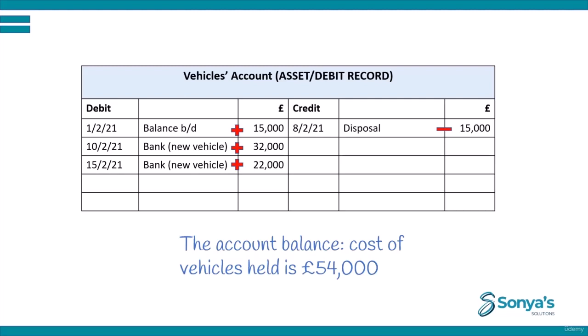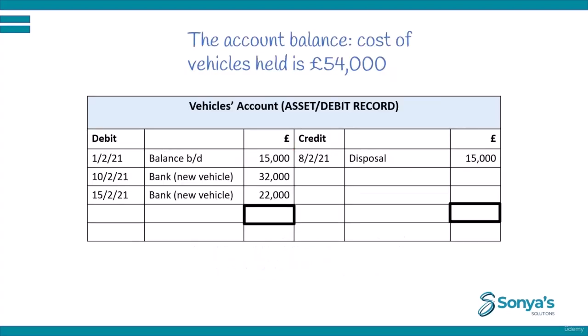Let's look at this account more carefully. The vehicle that the business had at the start of the month was sold, so the account balance is the total of the 2 vehicles left in the account. To close the account at the end of February, we write the balance on the side that has the lowest total to create balance in the account.